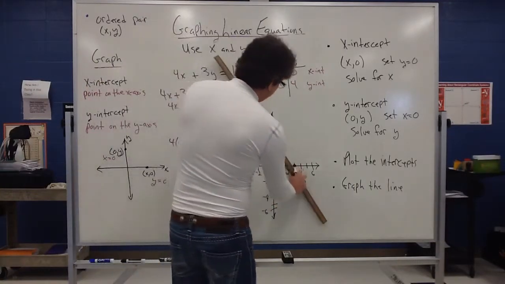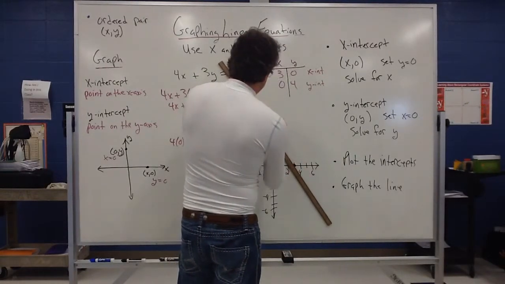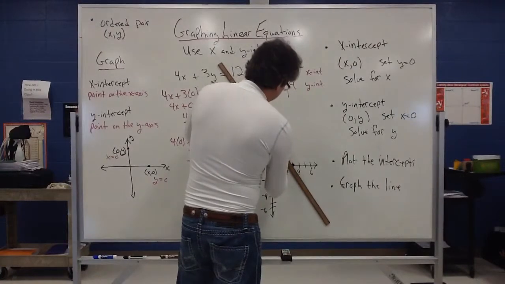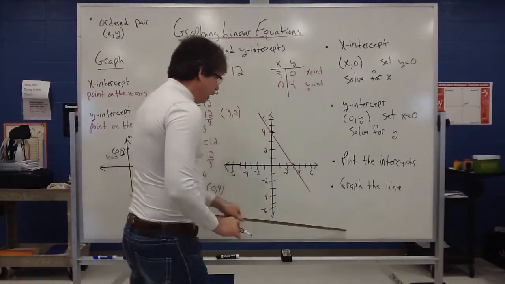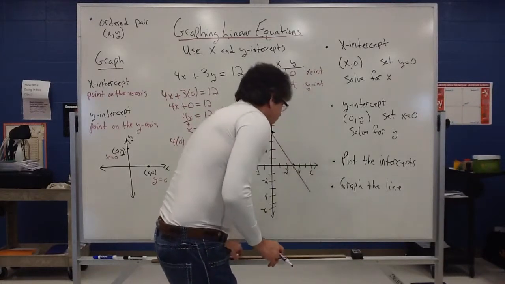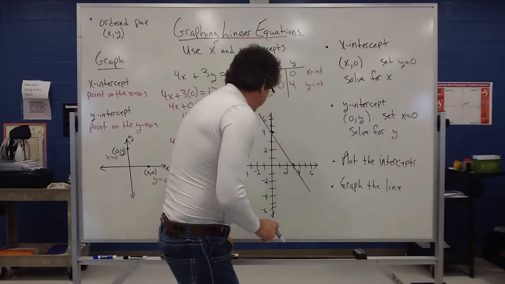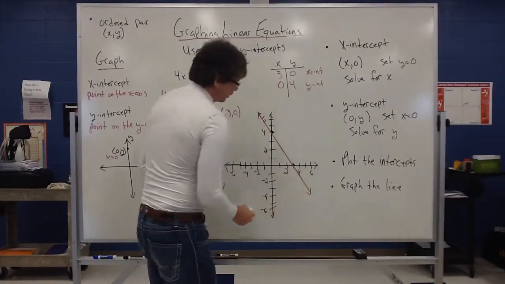I'm going to try to use the straight edge and line up these two points. This makes it a little bit easier too, because that third point always causes me an issue. But I can sketch that out, and we can see that will be our graph of the line.